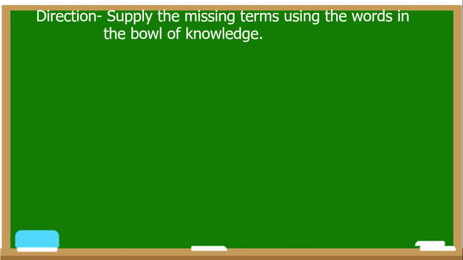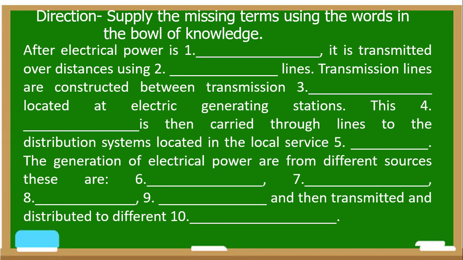Direction: supply the missing terms using the words in the bowl of knowledge. After electrical power is blank, it is transmitted over distances using blank lines. Transmission lines are constructed between transmission blanks located at electric generating stations. These blanks are then carried through lines to the distribution systems located in the local service blanks.